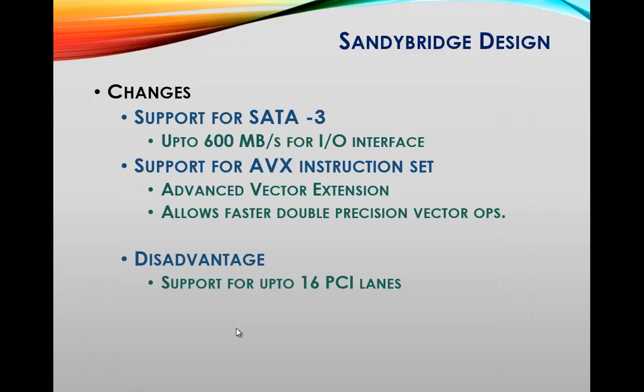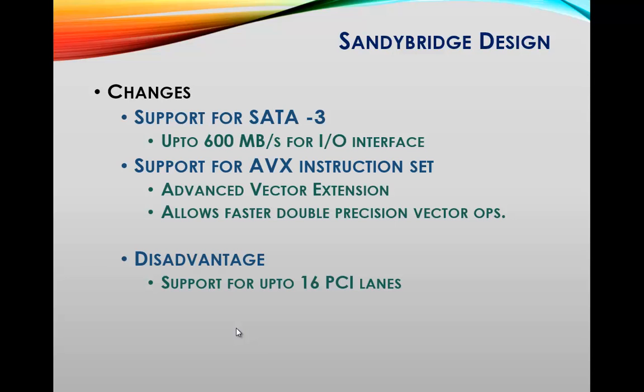What Sandy Bridge brought is support for SATA 3, which is a 600 megabyte per second I/O interface connecting your I/O units directly, which is a serial bus. You have the support for advanced vector extensions, which is also supported by AMD processors, and it allows for vector instructions that can be useful for up to about 4 double precision vector operations.